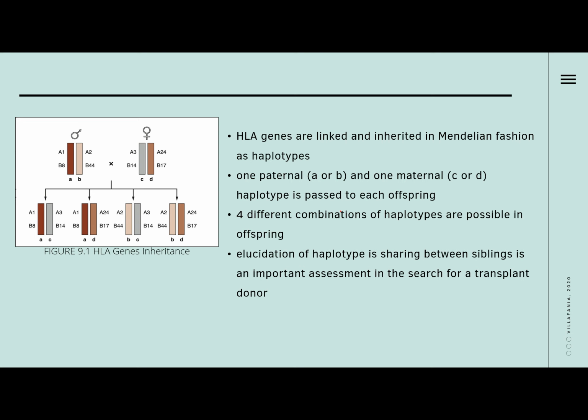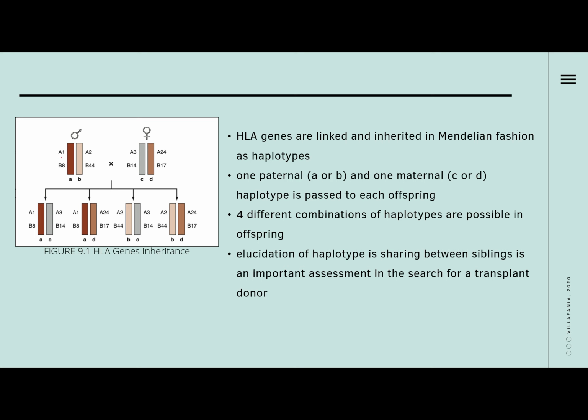So let's now look: HLA genes, class, are linked and inherited in Mendelian fashion as haplotypes. One paternal A or B and one maternal C or D haplotype is passed to each offspring, class. Four different combinations of haplotype are possible in offspring. Elucidation of haplotype sharing between siblings is an important assessment in the search for a transplant donor.